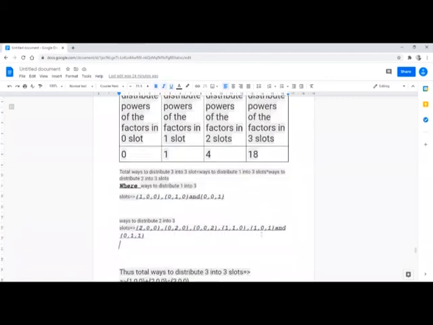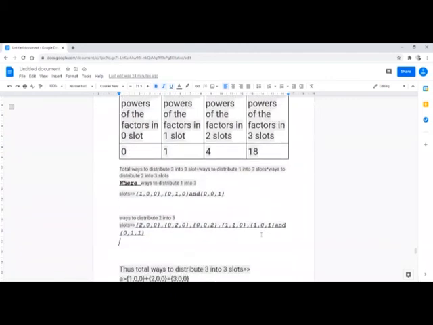So the total ways to distribute 3 items into 3 slots is ways to distribute 1 power into 3 slots multiplied with ways to distribute 2 powers into 3 slots, where ways to distribute 1 into 3 slots is 1 comma 0 comma 0, 0 comma 1 comma 0 and 0 comma 0 comma 1.